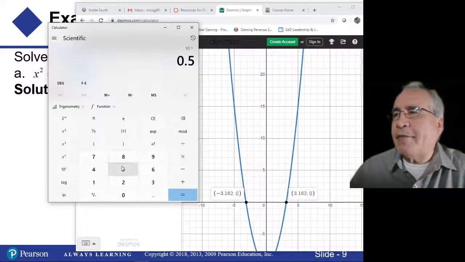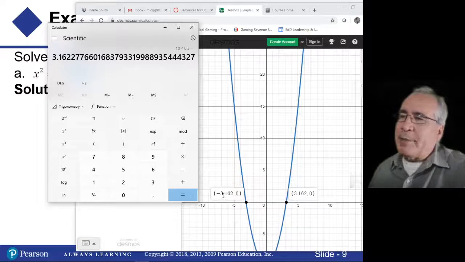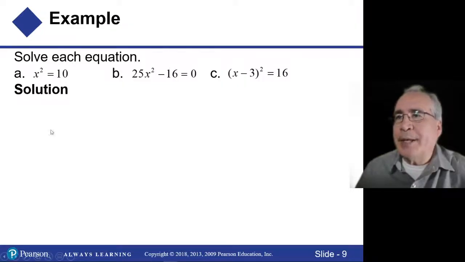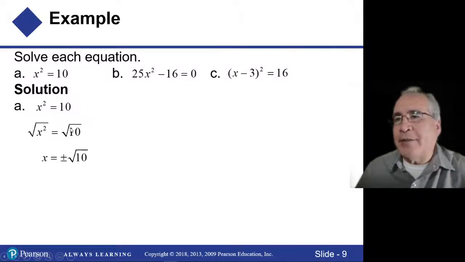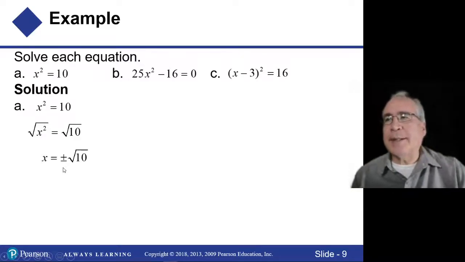A square root is a half power. And also got 3.162. And again, we would have to remember that that's plus or minus, but if we do it graphically, we see that it's plus or minus. Okay, so the way they go about it, they just take the square root of both sides, and then they remember when you do that, you get a plus or minus, you get 2 answers, so x is plus or minus square root of 10.